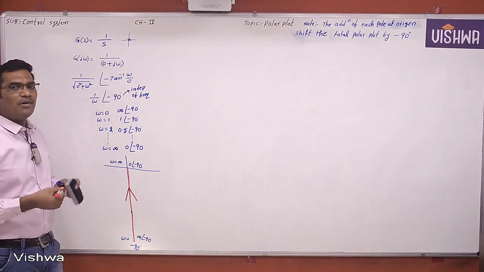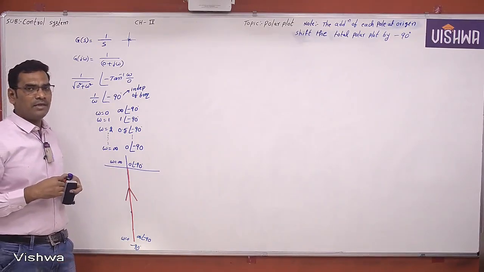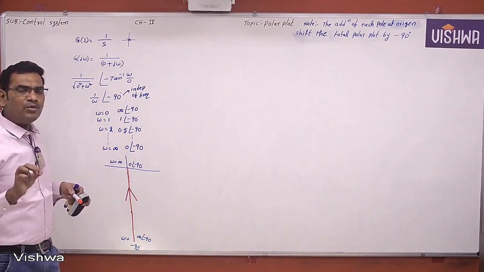Now observe the polar plot of this particular problem and all the previous problems. What is your observation? The polar plot here is a straight line. When can you get a straight line?